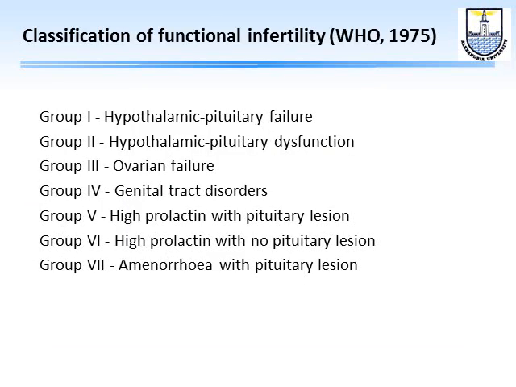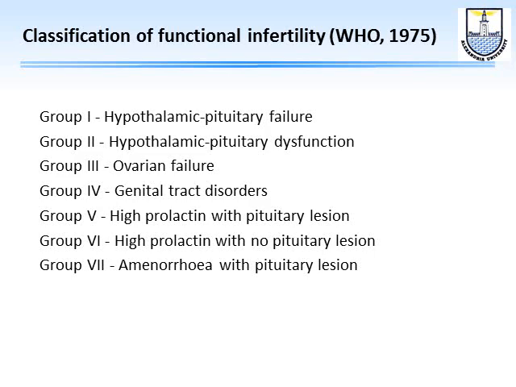And this was the classification of functional infertility, which was proposed at that time. It was a WHO expert group headed by Professor Lunenfeld. As you can see, it says functional infertility, but if you look carefully, you will find that group 4, genital tract disorders, is not really functional. And in fact, group 5 also, it's hyperprolactinemia with pituitary lesion.